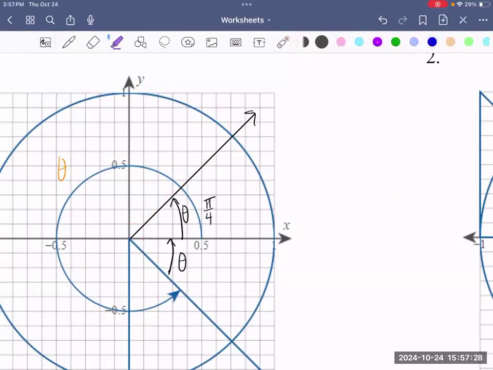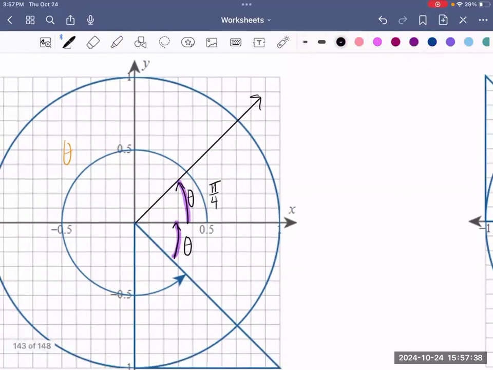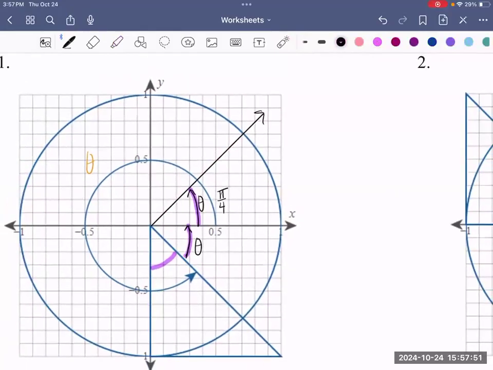So this amount here is pi over 4, and that matches over here. So that just means that pi over 4 is this reference angle. So if it's pi over 4 and it's cutting a 90-degree in half, that also means that this portion here is, again, 45 degrees or pi over 4.